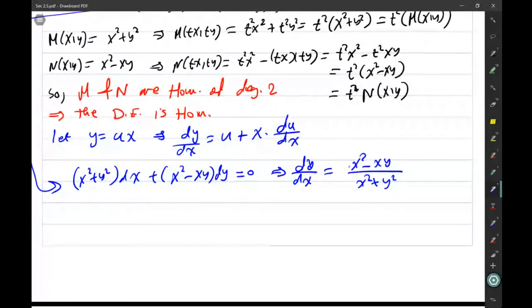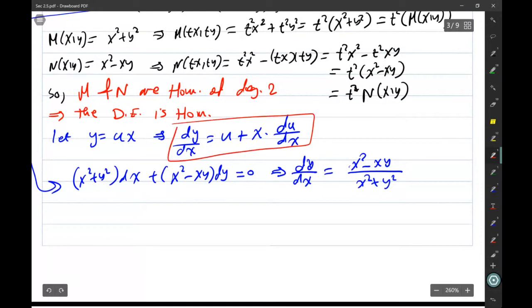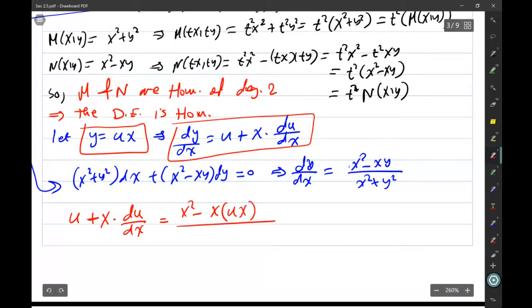Now replace dy by dx by what? It should be replaced by u plus x times du over dx, to be equal x square minus x times y, replace it by ux, divided by x square plus y square, it is ux, all of them squared.